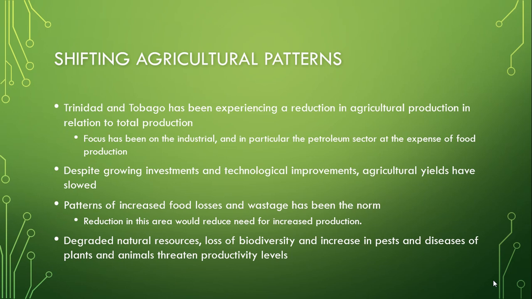So despite the availability of a greater amount of capital or even technology such as mechanization, the use of fertilizers, we find that our agricultural yields are not what they used to be. And a major reason for that is depleting or degrading soil quality.